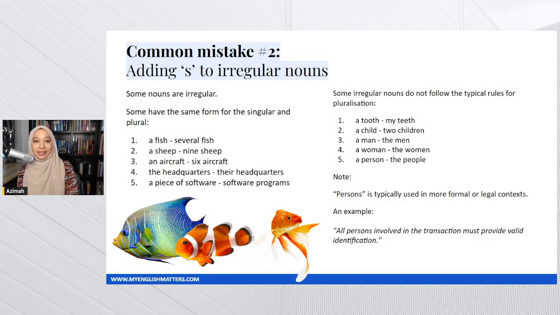You might see this little notice when you're heading to a formal place. So that can appear, but this is quite formal. You can think of persons being similar to individuals.